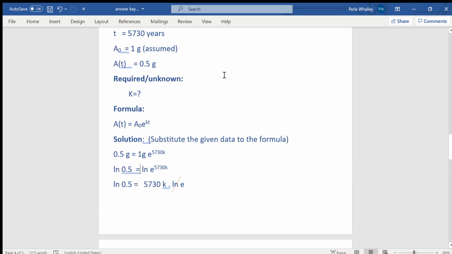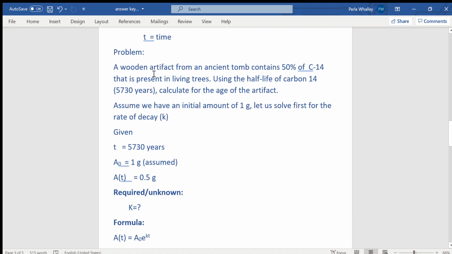So here it is in the problem. A wooden artifact from an ancient tomb contains 50% of carbon-14. That means 50% is left from the initial amount of carbon-14 in the wooden artifact.